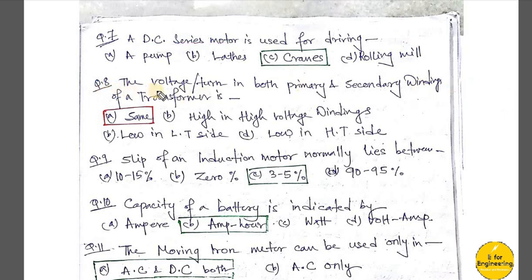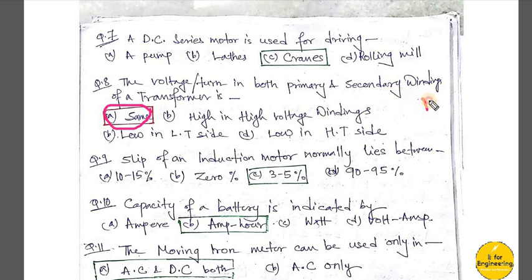Next, the voltage turn ratio in both primary and secondary windings of a transformer is same, high in high voltage windings, low in LT side, or low in HT side. The voltage turn ratio in both primary and secondary windings for a transformer is same. Please remember that it is very important.